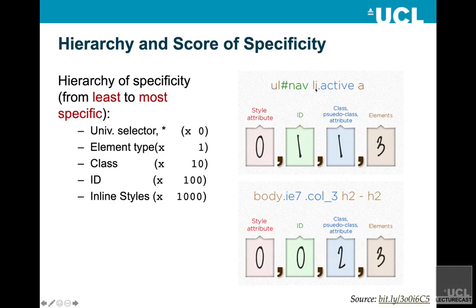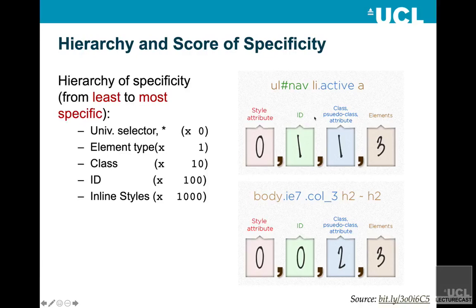So we have 3 element selectors in this selector itself. So we can put this down as 3 element selectors, and this will populate part of our specificity score.